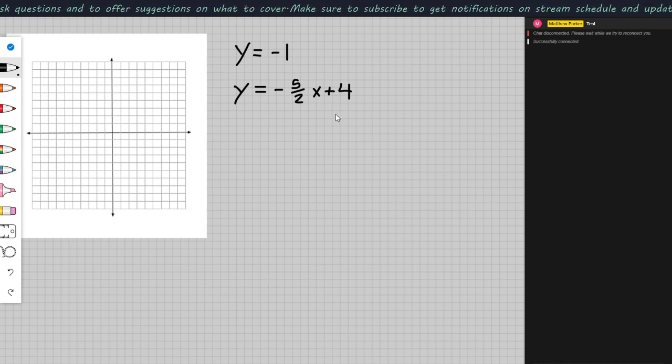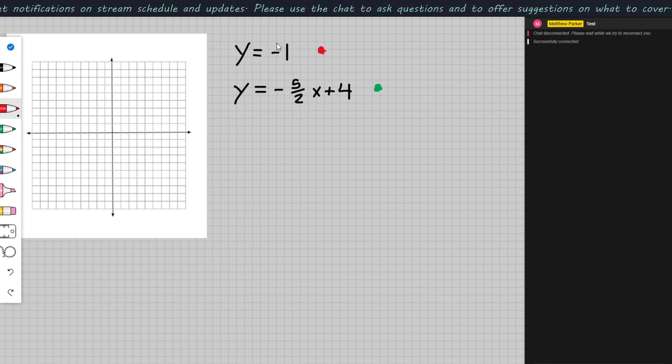Alright, so, graphing. Red, green, so y equals negative 1.